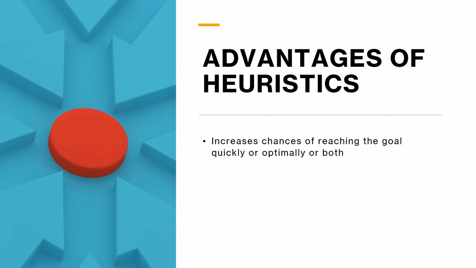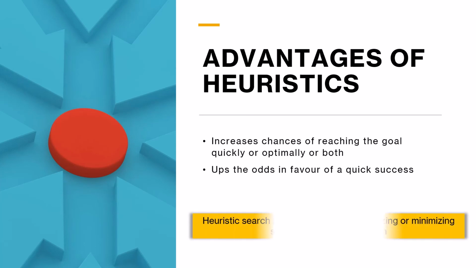And we talked about both speed as well as a good solution, right? In short, heuristics up the odds in favor of attaining quick success. Remember that in terms of heuristics in search methods, they work on maximizing or minimizing some aspect of the problem.